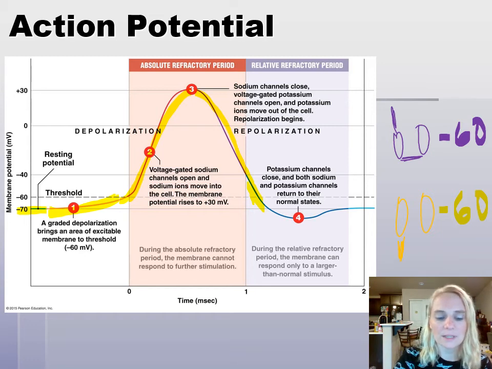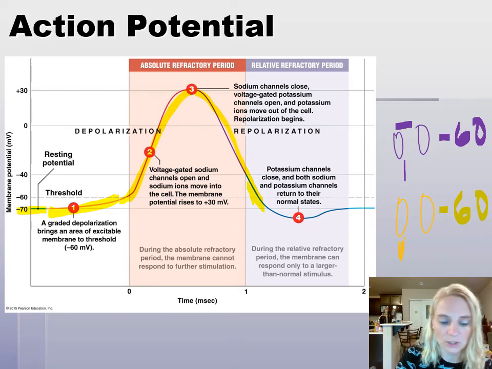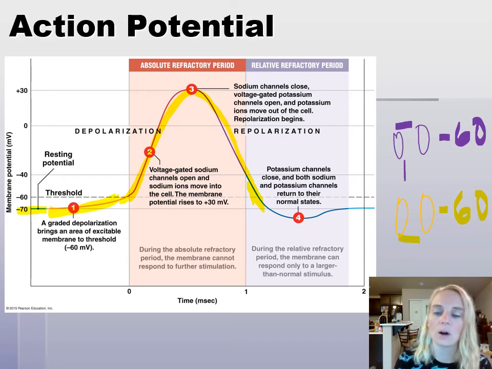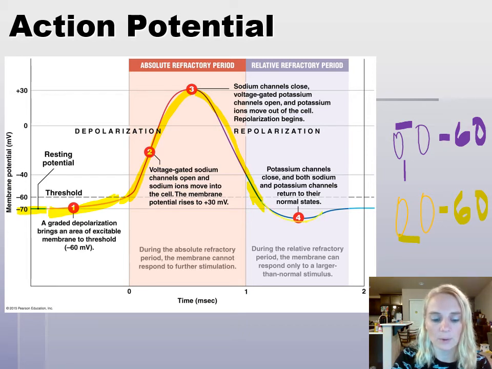So then at negative 60, these go back to closed activation gate, open inactivation gate, and slowly closing our potassium gate. Because it's slow, we have this little undershoot of hyperpolarization right here, down to about negative 90.